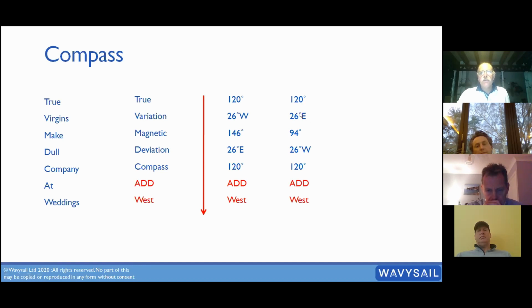Because it's easterly, we would subtract. Because it's westerly, we would add. And as soon as we go up the other way, from compass to true, we would subtract west, add east.